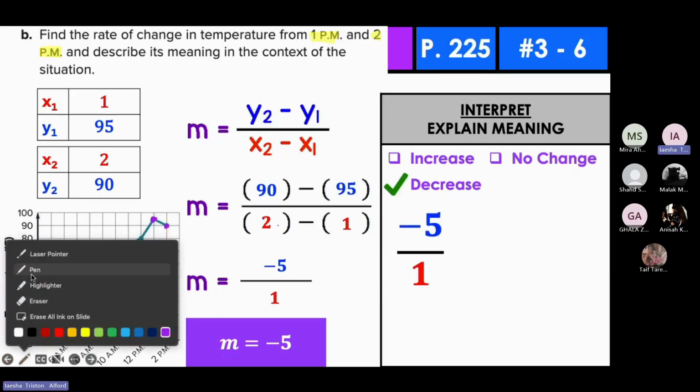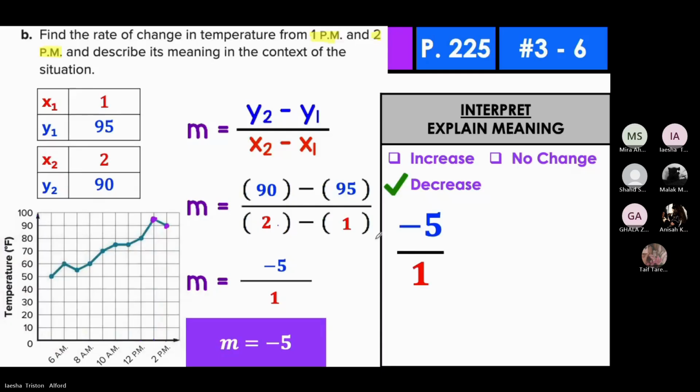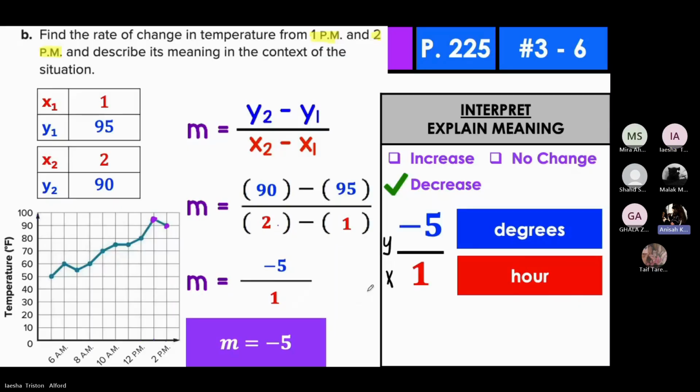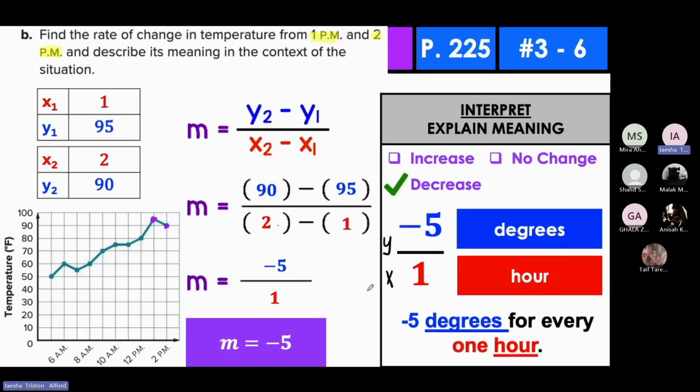The top number should be about temperature, degrees. And the bottom number should be about the x, the hour. What's the sentence? -5 degrees in each 1 hour. So -5 degrees for every 1 hour.